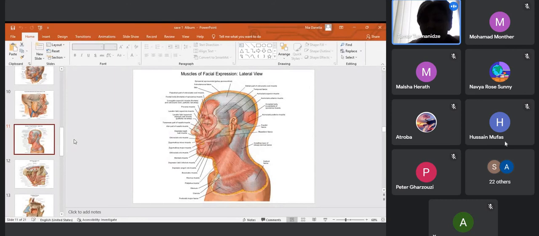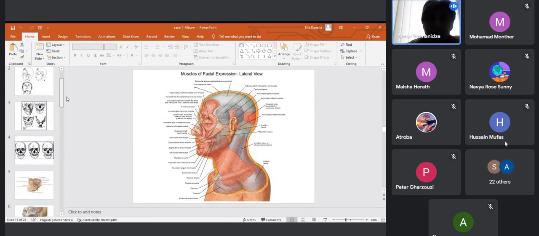This deep fascia covers different structures, which we explain in the regions, but also this fascia covers deep muscles, and the deep muscles of the face are muscles of mastication.